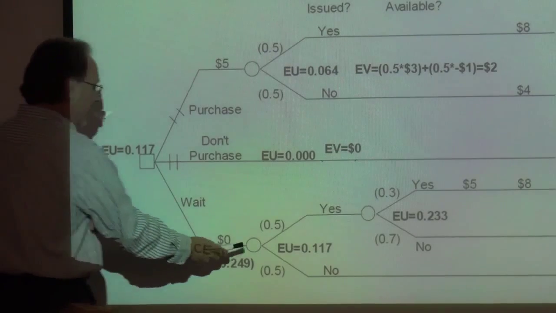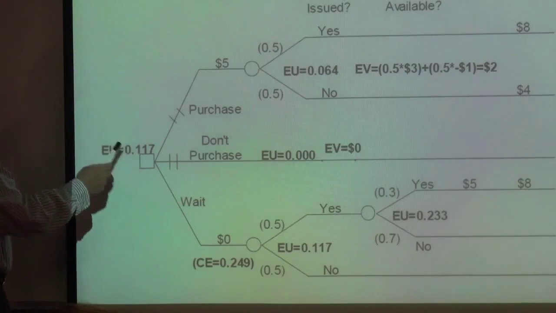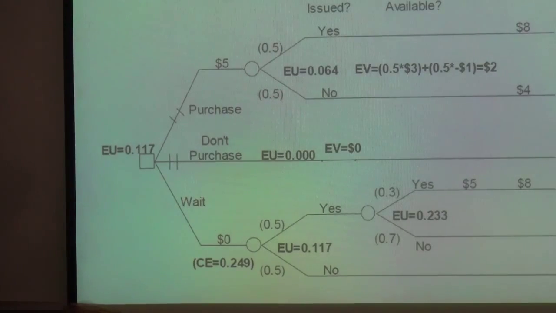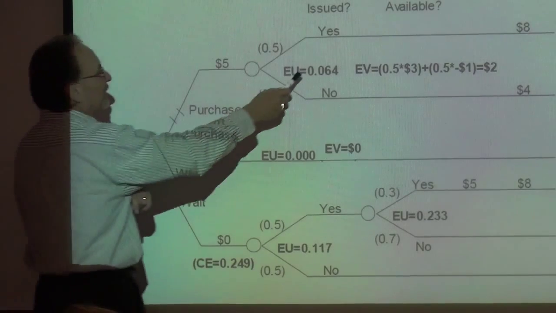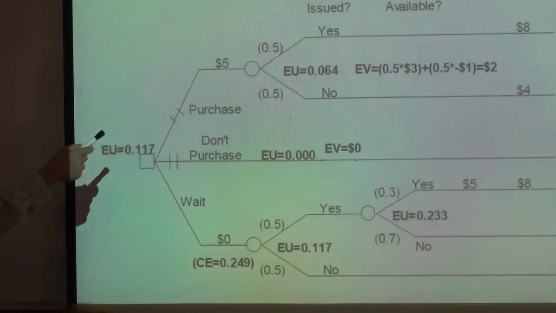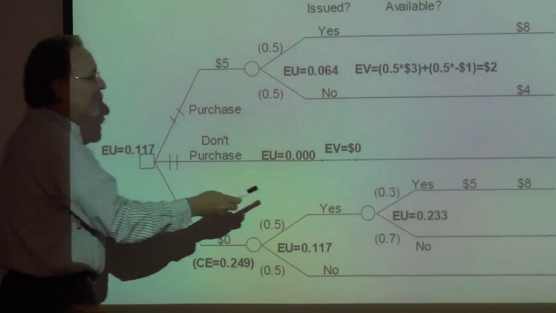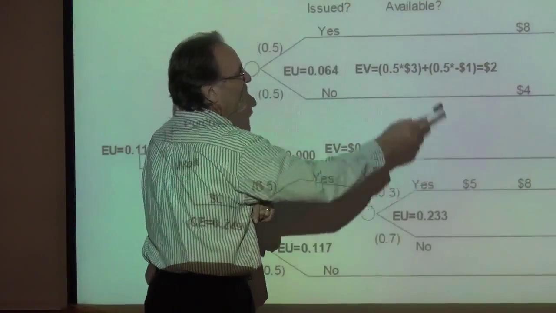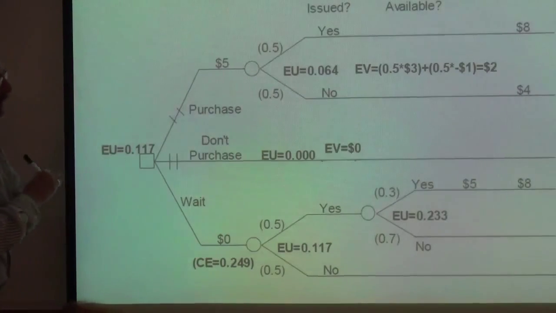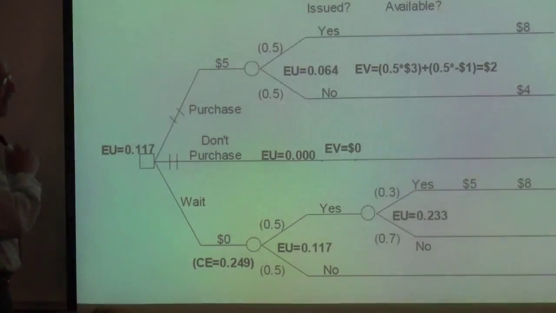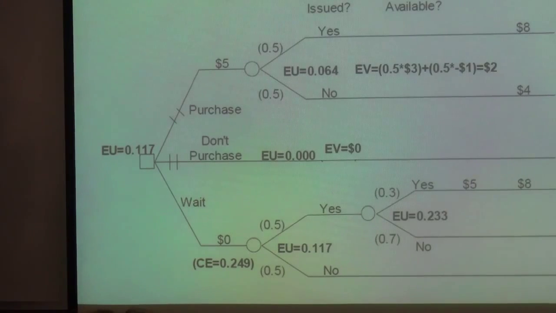So this node right here has the best expected utility, 0.117, because that has a better utility given my risk tolerance than does this chance, which has a chance of just as much profit, but I have more likelihood of getting 0 here, but I have absolutely no likelihood of losing anything, and the same profit. So I would be better off waiting, even though I have only 30% chance of actually getting my input, according to this decision.